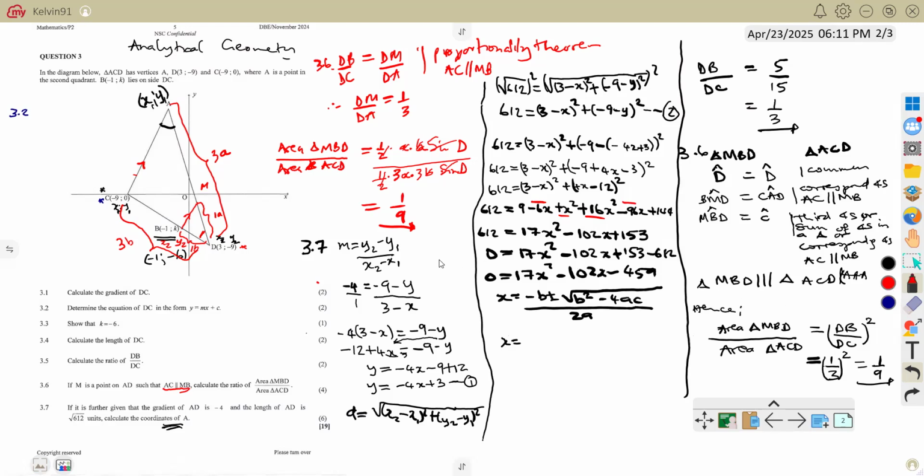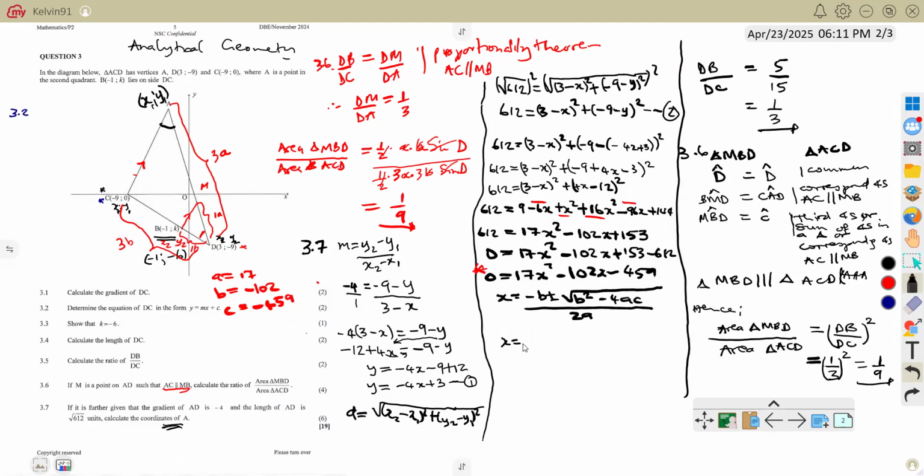From this equation, our a is equal to 17, our b is equal to negative 102, and our c is equal to negative 459. So substitute those values.